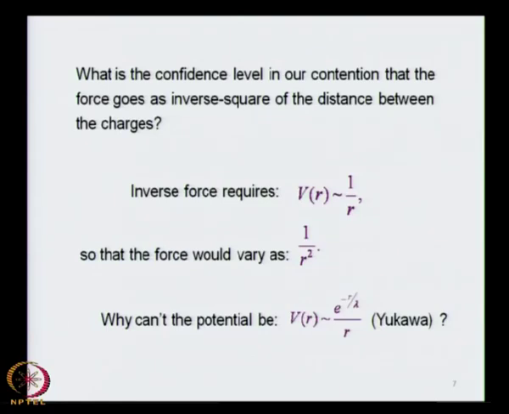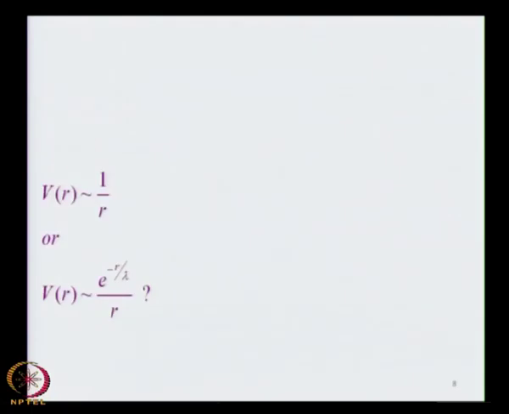And could we ask why the potential could not be a Yukawa potential? Now, this potential is called Yukawa because Yukawa used it in some other context, but I will not go into that. But the form of the potential, which is e to the minus r over lambda by r, is also a candidate to represent this, and we are asking why could the potential not be a Yukawa potential.